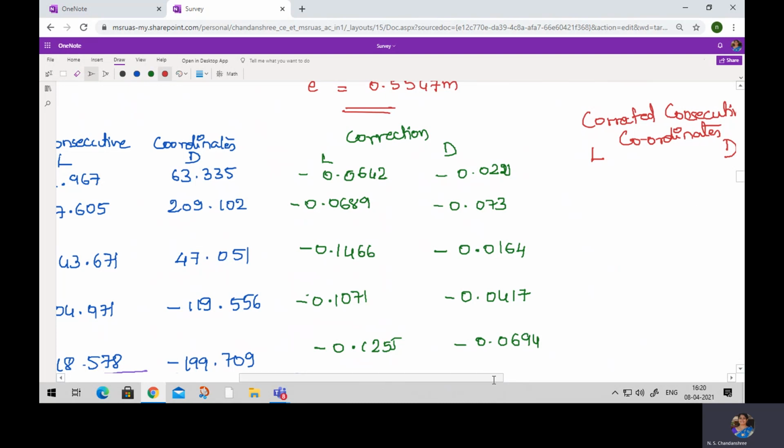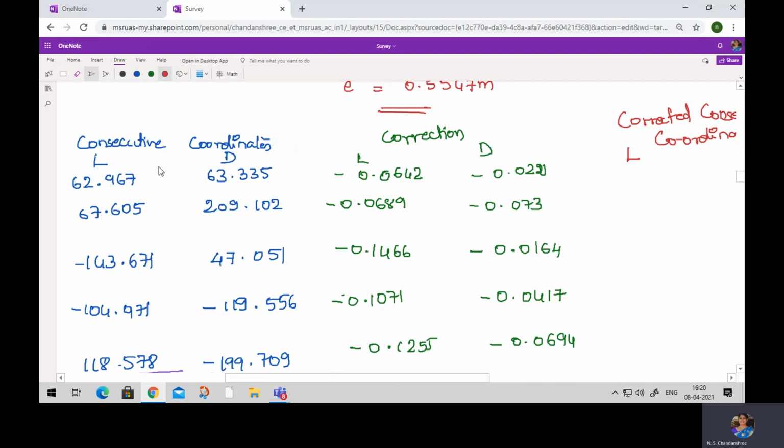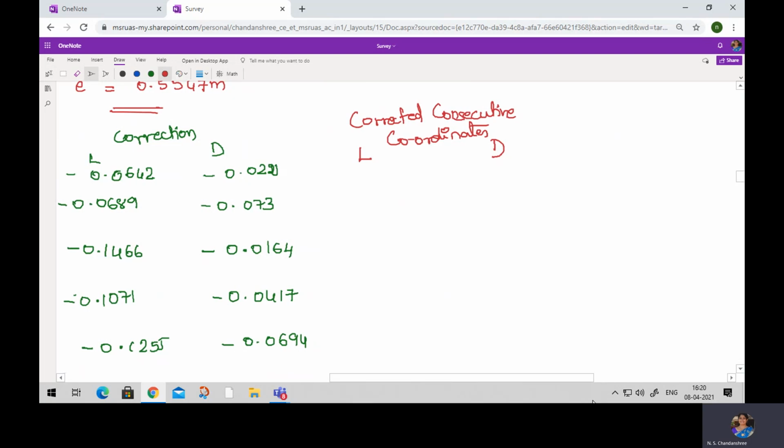So here we find out the latitude by latitude of line AB plus or minus the correction along with the sign. So this value here becomes 62.9028 and this is 63.3129.